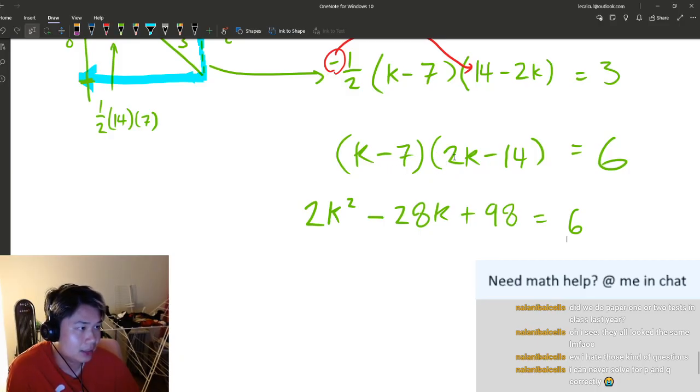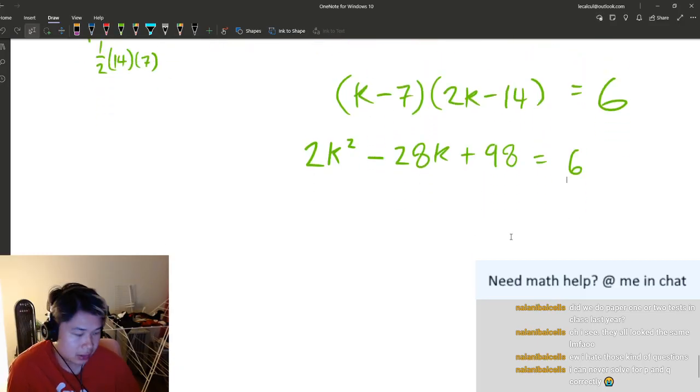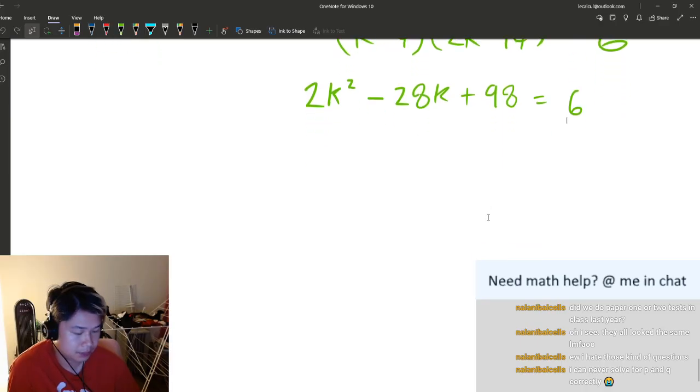Let's see, 7 times 2 is 14, and then 14 is 28. 7 times 14 is 98, right? 7 times 4 is 28. 28 plus 70 is 98. Yeah, okay, seems good. Okay, collect everything on one side.